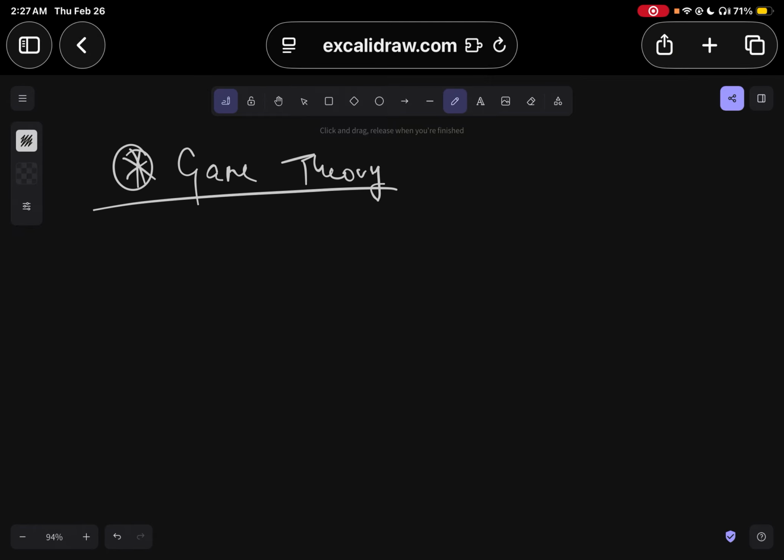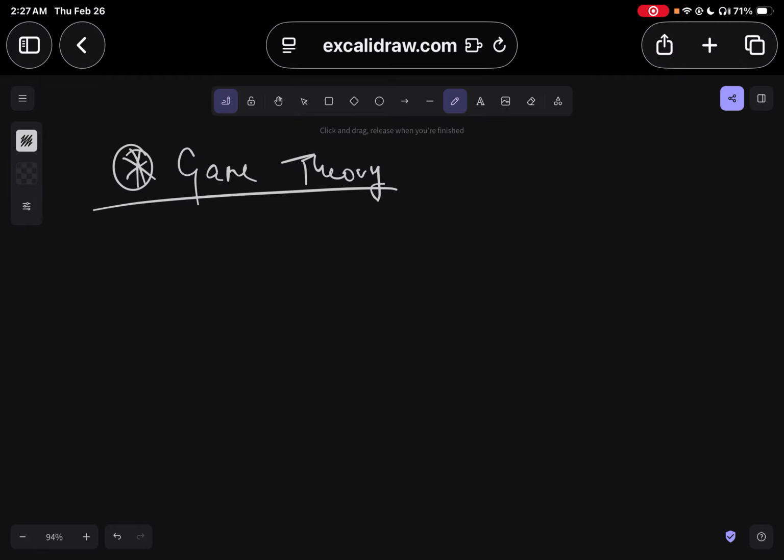We all know what a dominant strategy is, but let me just revisit it so that I also brush up my concepts. So we know there are players. Game theory is any event with defined rules and rewards based on that.